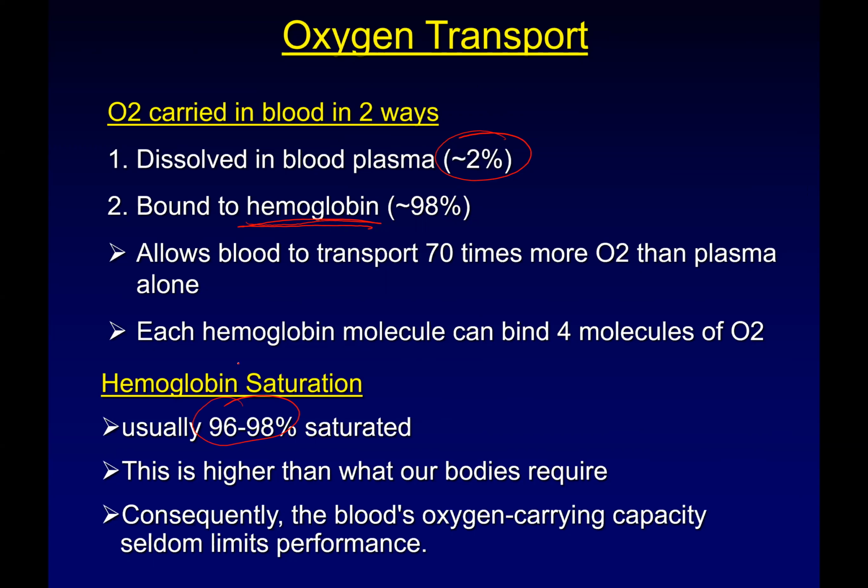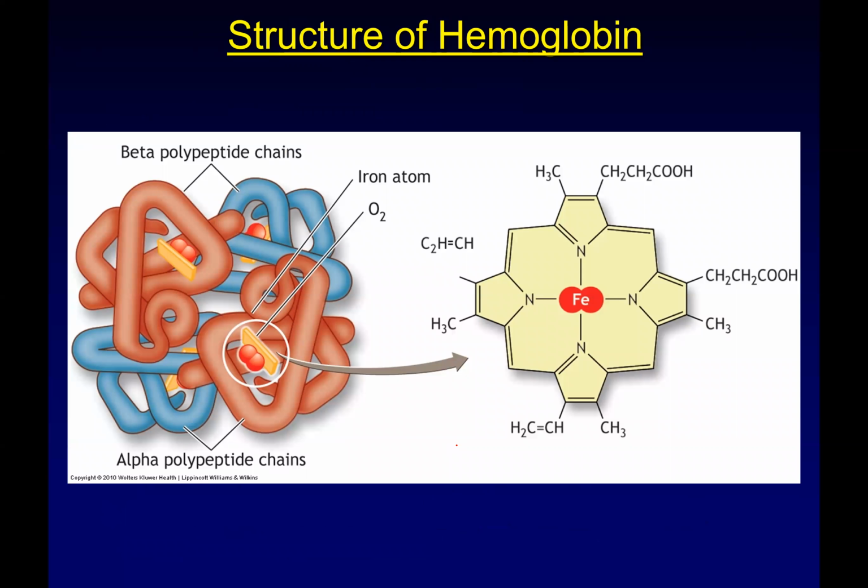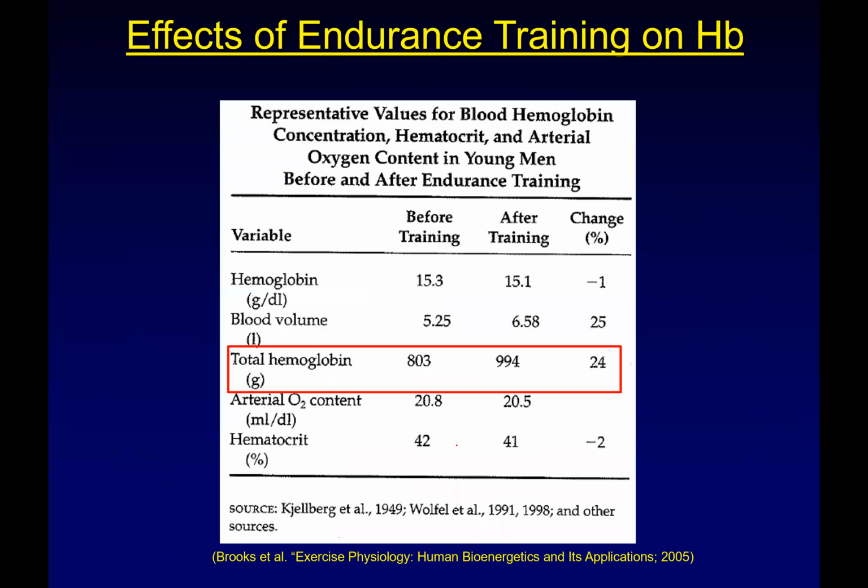Because of this, in most people, in most circumstances, the blood's ability to bind and carry oxygen is rarely ever going to be a limiting factor in exercise performance. This just shows the binding of oxygen onto hemoglobin. Okay, you guys don't have to know this structure, but again, I like to present this just in case people care.